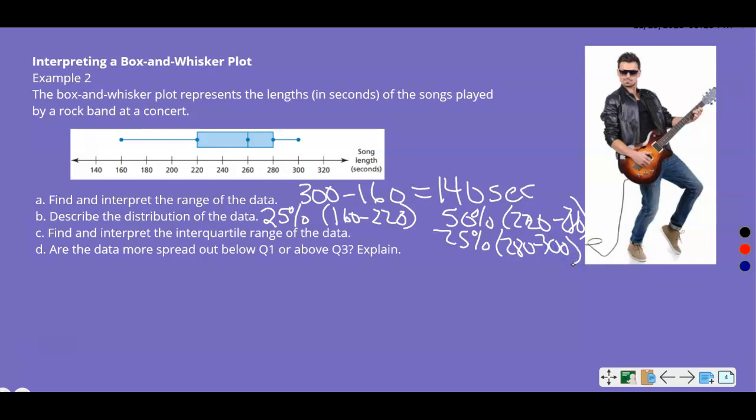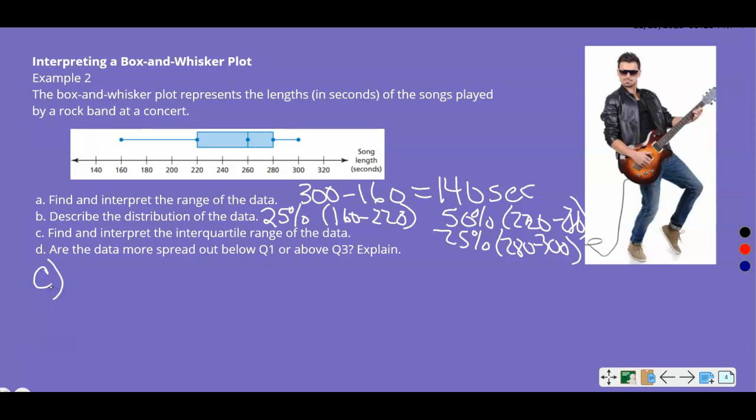Now it says, find and interpret the interquartile range of the data. So remember, the interquartile range is Q3 minus Q1. It's the difference between Q3 and Q1. So let's come down here and say C part.